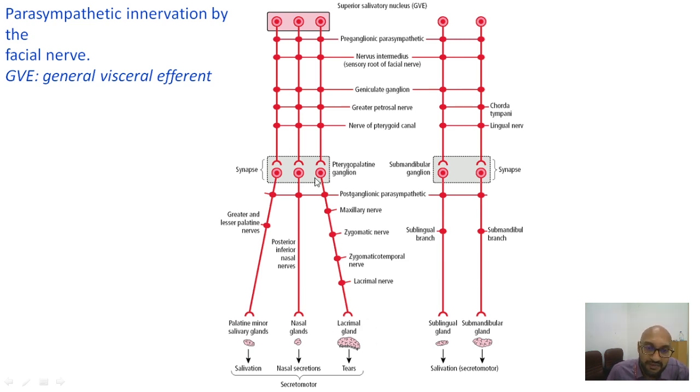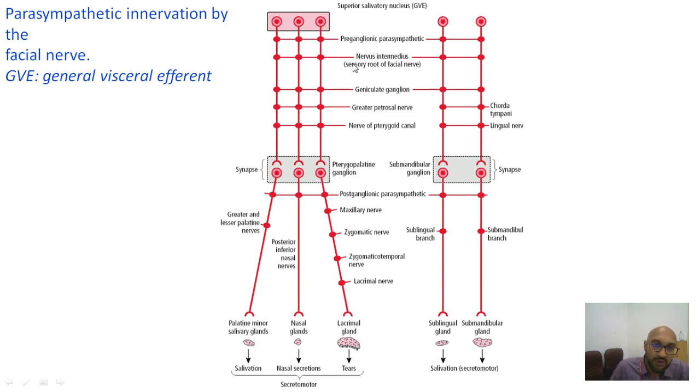For the lacrimal gland, first and foremost, the postganglionic parasympathetic fibers re-enter the maxillary nerve. The maxillary nerve has a branch called the zygomatic nerve, and the zygomatic nerve has two branches, the zygomaticotemporal and the zygomaticofacial. These postganglionic parasympathetic fibers enter the zygomaticotemporal nerve, which has a communication with the lacrimal nerve, and through the lacrimal nerve it supplies the lacrimal gland.